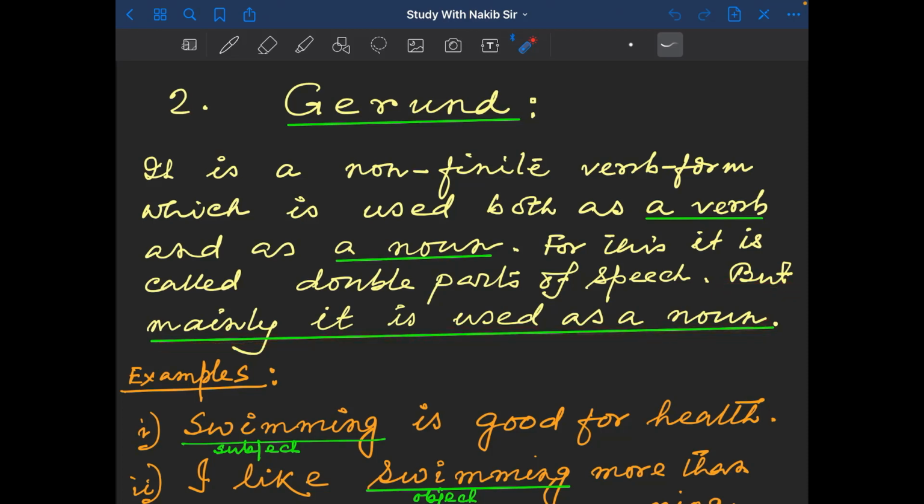A participle is verb and adjective, and a gerund is verb and noun, but mainly it is a noun in a sentence. Like a noun, it is used in a sentence as a subject, object and complement.